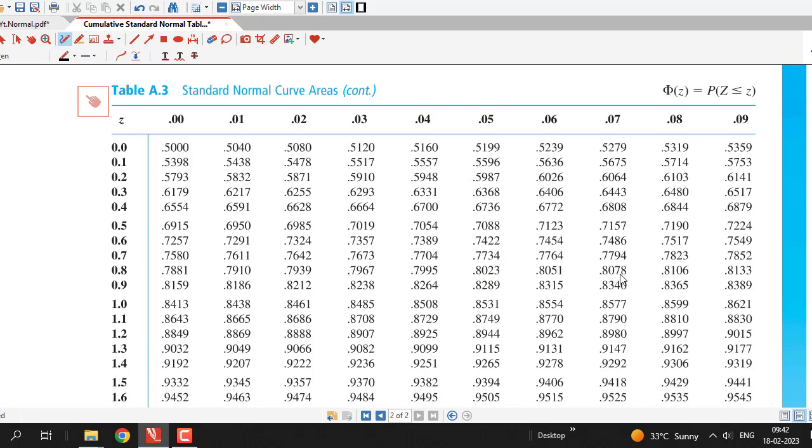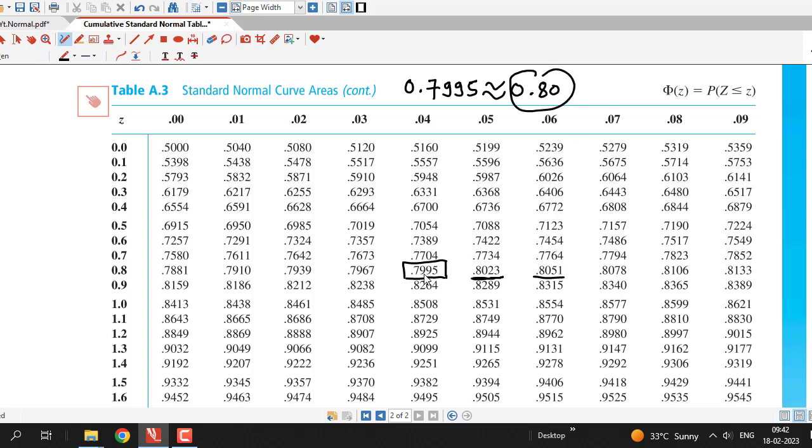This is 0.8078, this is 0.8023, 0.8051 is not near to the 0.80 as compared to this one, and if we consider this one 0.7995, and if we round off up to 2 decimal places, then we will have 0.80. So this value is closest value to 0.80 as compared to remaining values.